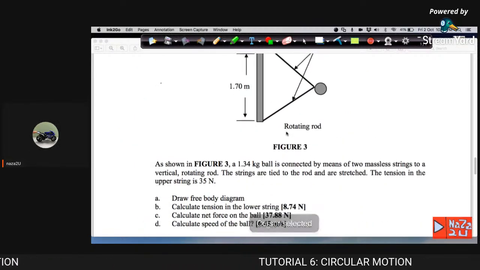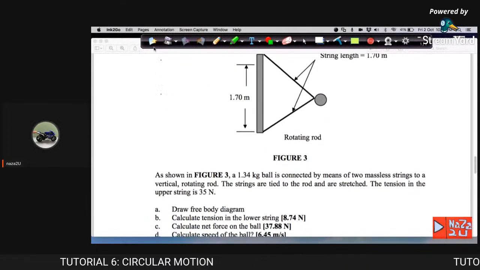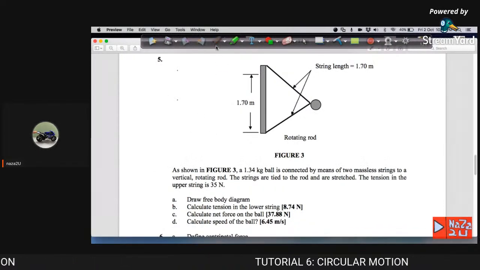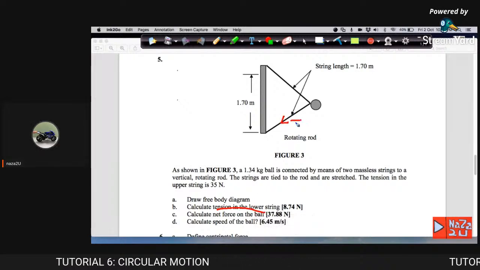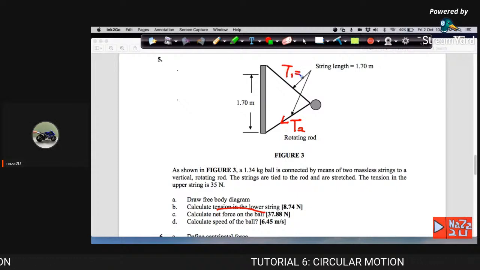Number B. Calculate the tension in the lower string. Let's say this is T2, because T1 is given by the question as 35 Newton.